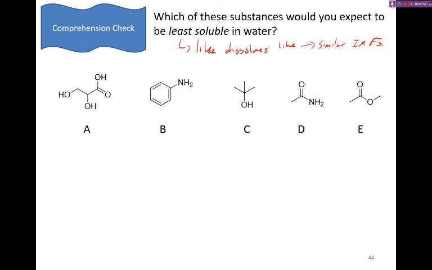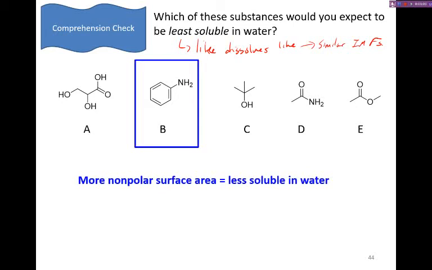At this point, you should readily recognize that all of these have some aspects of polarity within them, but clearly this one has the most nonpolar surface area, so it's going to be the least soluble in water. Determining which one would be most soluble in water would be a bit more difficult, and so we wouldn't ask you to do something like that unless you had an easier way to tell.